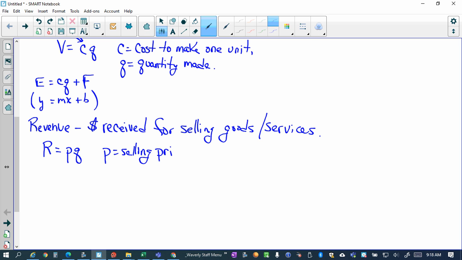And then Q is the same as above, but we're assuming that what they make, they sell. So up here, Q is the quantity made, and we're going to assume that the quantity made is equal to quantity sold. We could get into it, but that's not necessarily always true, so let's just assume that for now. So this will be the quantity sold.